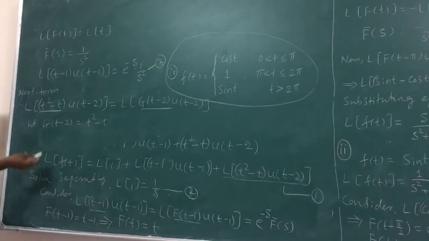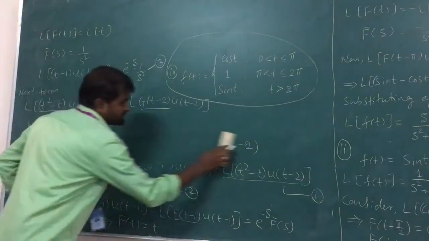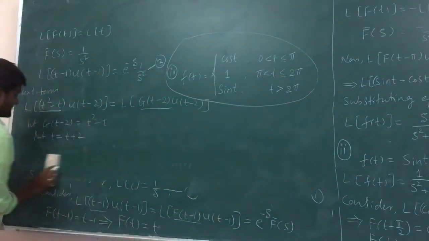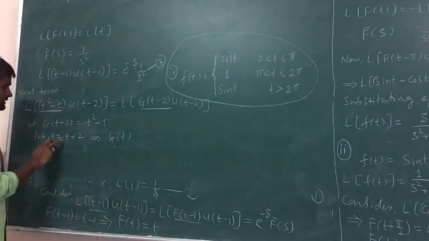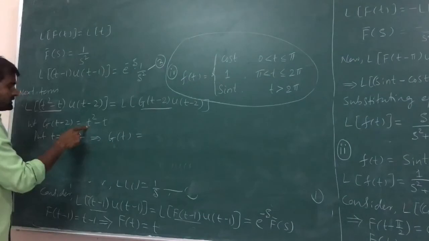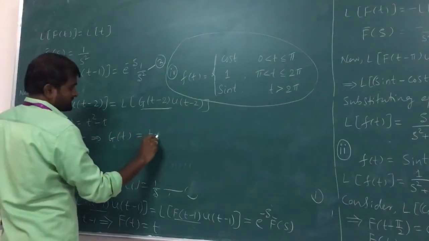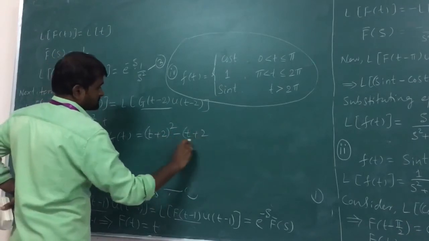Again, same procedure: we need capital G of t, so the minus 2 must be eliminated. So put t equal to t plus 2. That implies capital G of t is t plus 2 squared minus t plus 2.